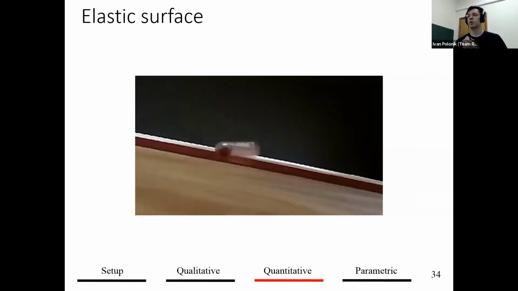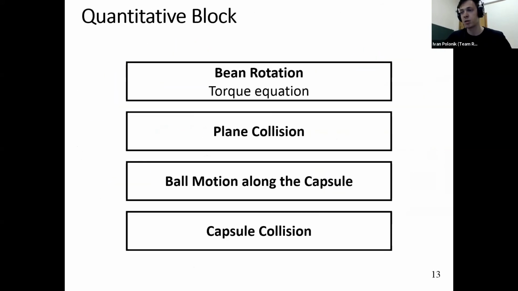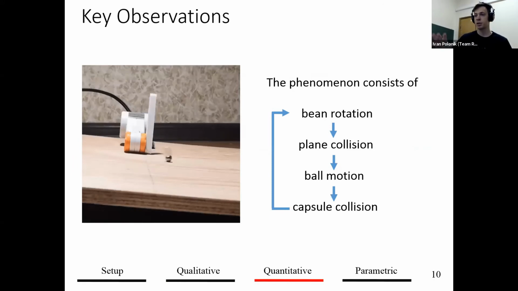I think it depends on the elasticity of the surface, because from this video it can be clearly seen that if we increase the elasticity of the system, it won't be so. But as you can see in the videos from the presentation, for example this one, in this case the capsule doesn't jump after collision, and the ball is at the same position as it was before the hit. So the elasticity of the surface is a key parameter for this question.